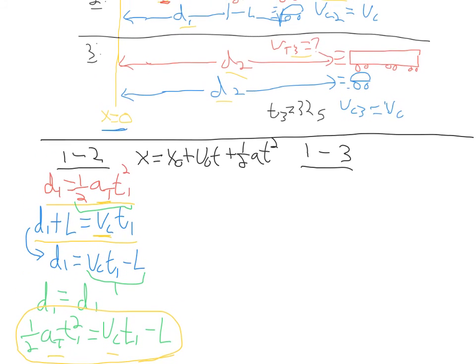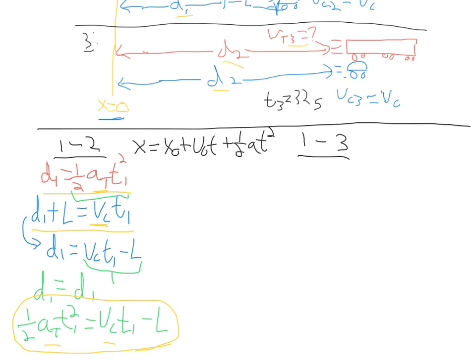So what we need to do then is use position 1 to 3 to do the exact same thing once again and get a second equation with those same two unknowns. So let's look at the train here. The train covers the distance d2. Its initial position, we're still doing it relative to position 1, is still 0.